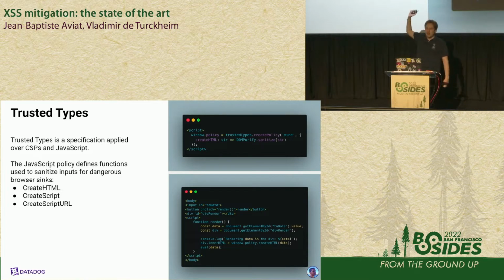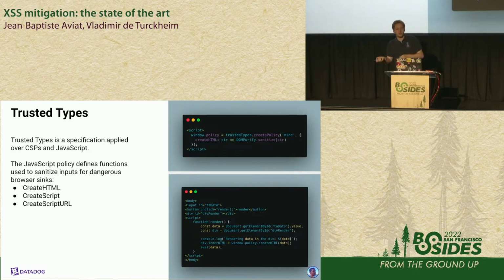Trusted types considers that there are three things for XSS. Create HTML when you call innerHTML or outerHTML on a DOM element. Create script when you call eval, for instance, or create script URL when you dynamically load a script from another piece of script. When you enable trusted types, you create what's called a policy, which is just a set of JavaScript functions.